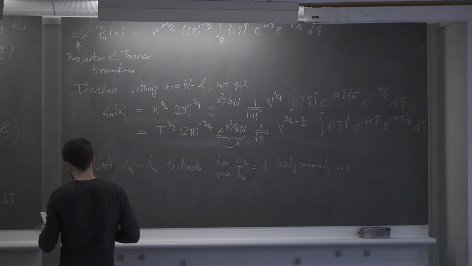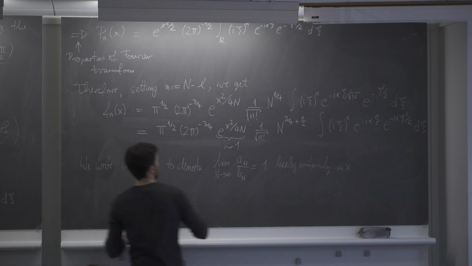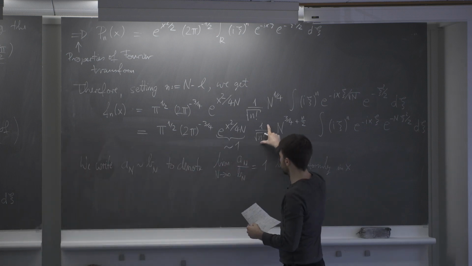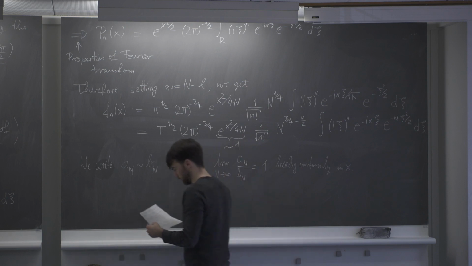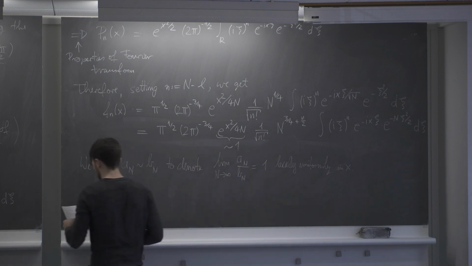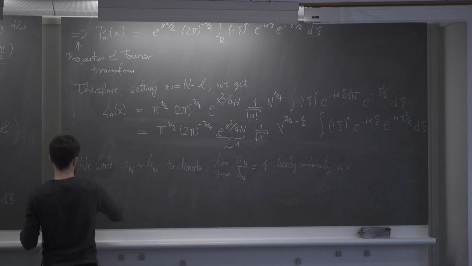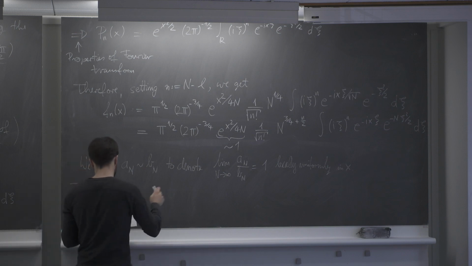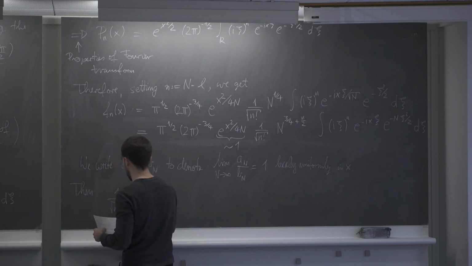Okay? And now we want to approximate this factorial here by Stirling's formula to get a nicer expression for this. So, using this notation, we want to approximate this here for large n.